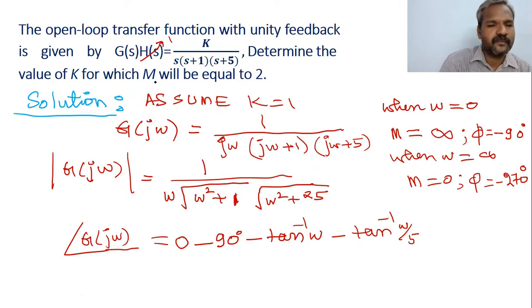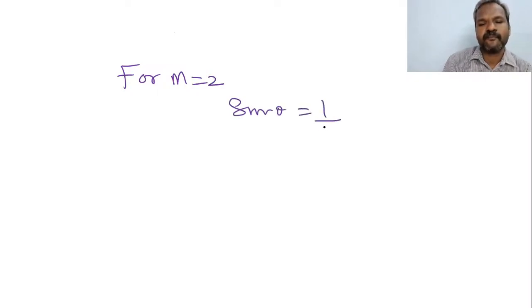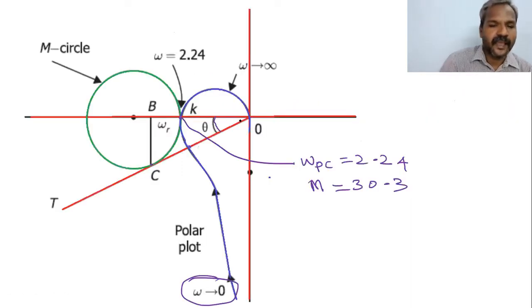M equals 2. For M equal to 2, sine theta equals 1 by M. So theta equals sine inverse of 1 by 2, which is 30 degrees. So we now draw the line OT at an angle of 30 degrees.